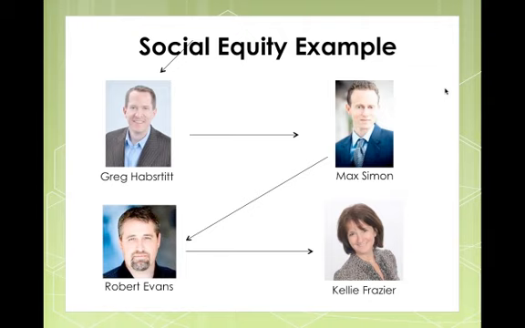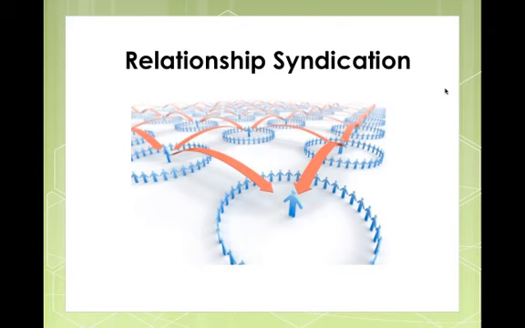But this is just one example from one person that I built a relationship with. Hopefully, this gives you the visual of the equity that you can create with one relationship. With that relationship, I built five other wonderful relationships. And those people, for example Max or Robert, have people in their lives that I've also built relationships with.